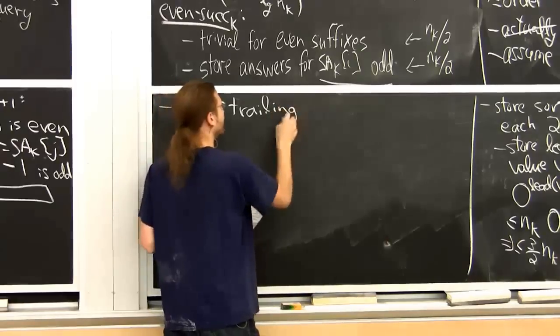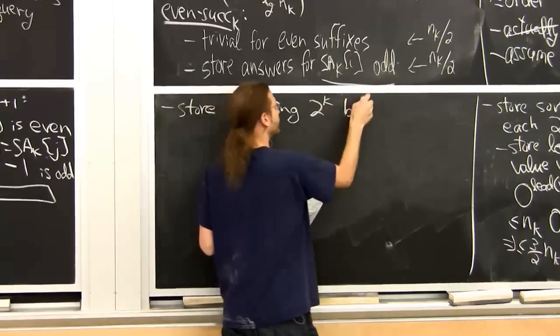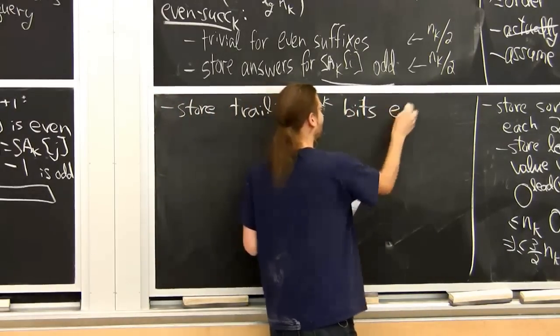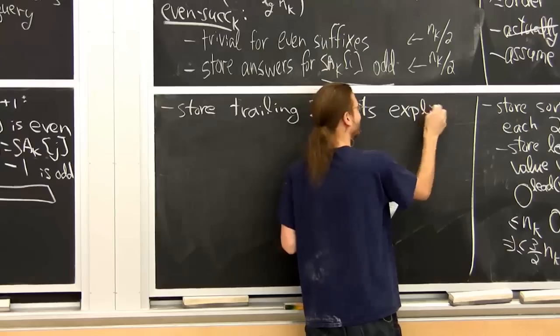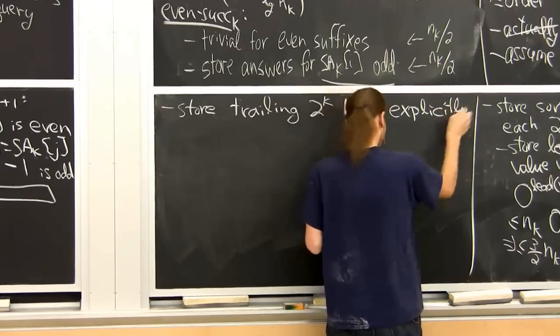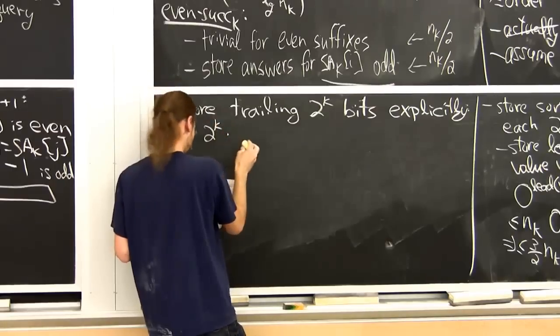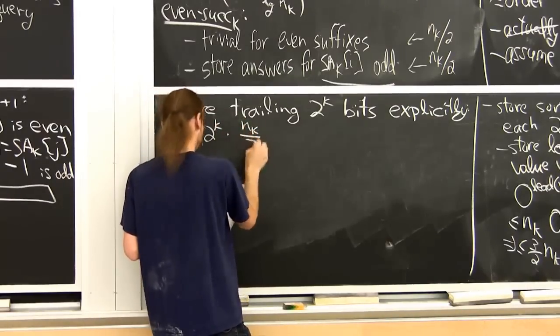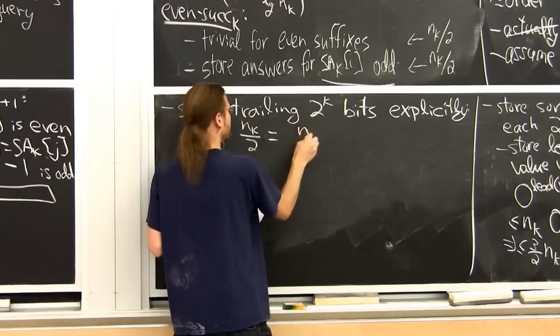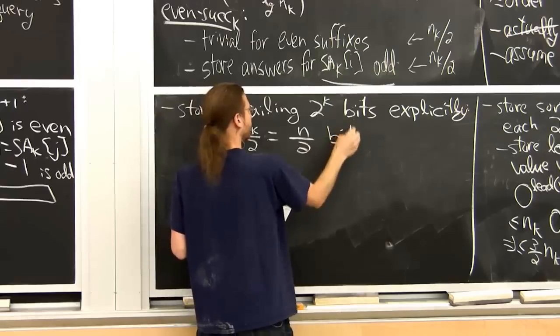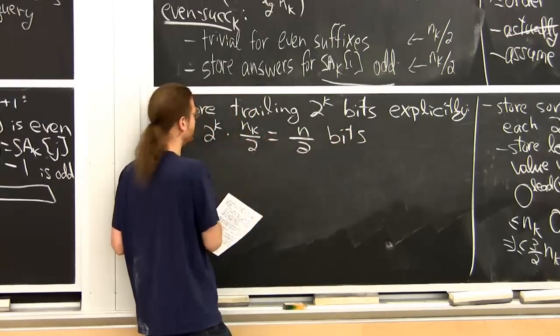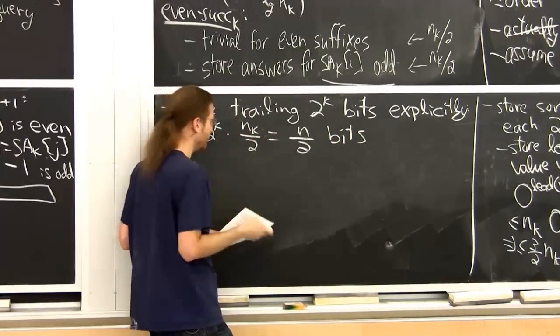So we store the trailing 2 to the k bits. This we actually store explicitly. So this is going to be 2 to the k times nk over 2, which is n over 2 bits. So nk is n over 2 to the k, cancel, n over 2.